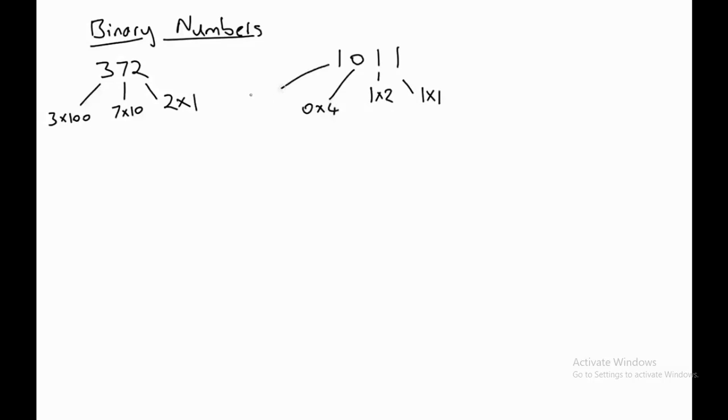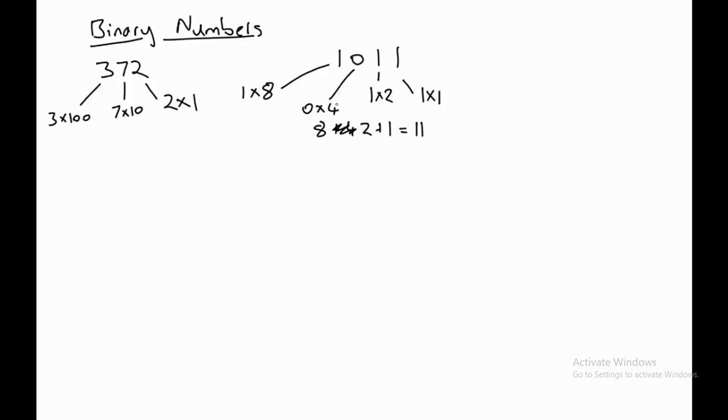And here we've got 1 times 2 times 2 times 2, in other words 1 times 8. So altogether the number in decimal is going to be 8 plus 4, no, not 4 because we've got no 4s, 8 plus 2 plus 1, which is 11. So this is 11 in binary. Let me just check that. We've got 1 plus 2, that's 3. Plus there's no 4s, and we've got 8, so that's 11.